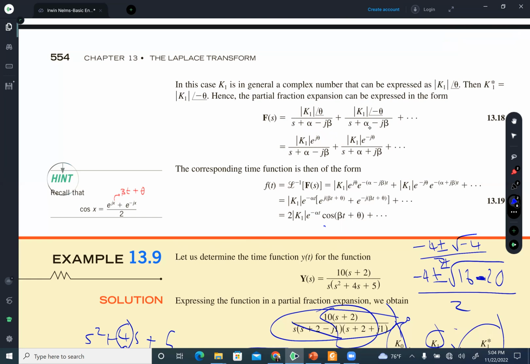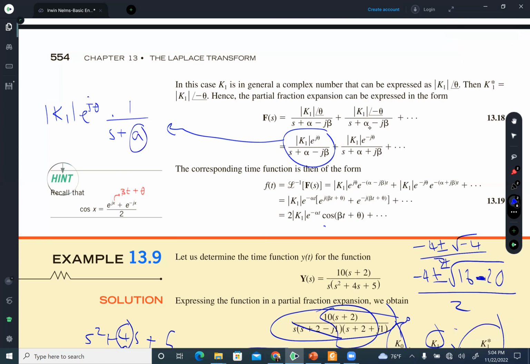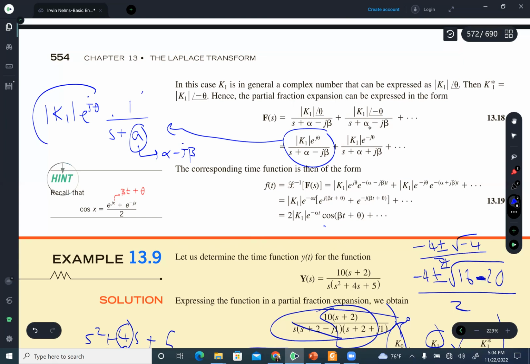So this guy is of the form K1 e to the j theta, which is just some number, times 1 over s plus a, where a is, what is a? A is just alpha minus j beta, right? So this is just a constant.